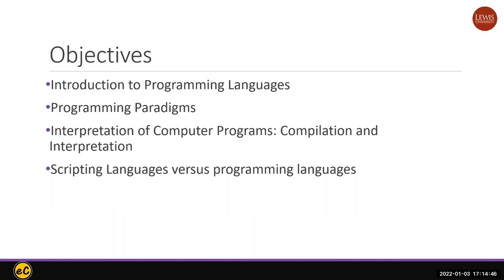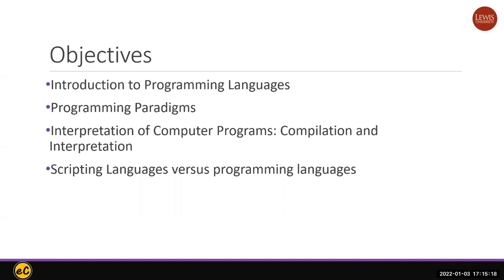In this course, we mainly focus on the programming paradigms, including imperative programming, object-oriented programming, and also functional programming. Besides these different programming paradigms, we will also be talking about the scripting language and the programming language, the difference between them, and compare and contrast these two terms.